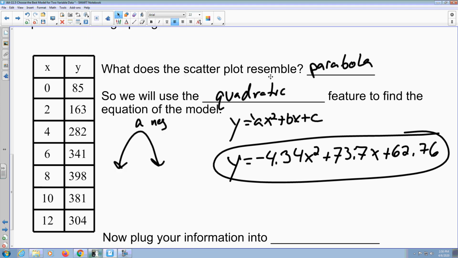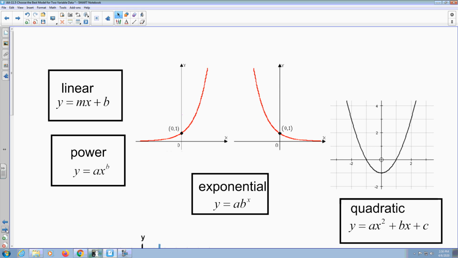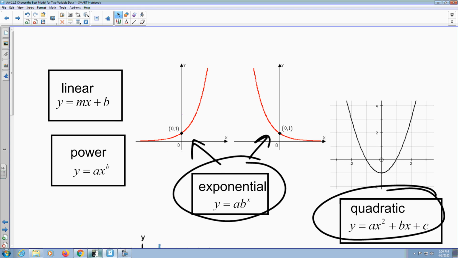And so basically what I want you to take from this is, you're going to look at different types of general equations. So both of these values here and here are exponential functions. It's general equation, y equals a times b raised to the x power. Quadratics, the parabolas, y equals ax squared plus bx plus c. We're all pretty familiar with linear equations. It's a line, whether it's positive or negative.